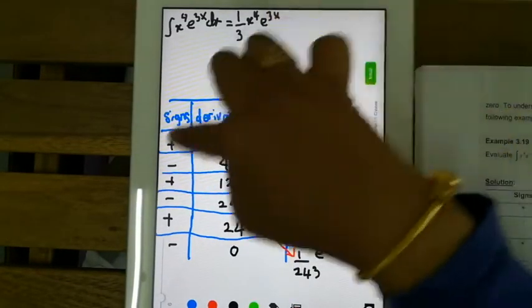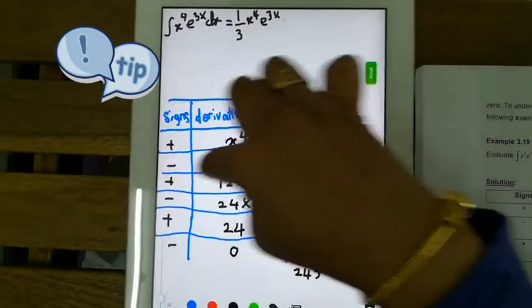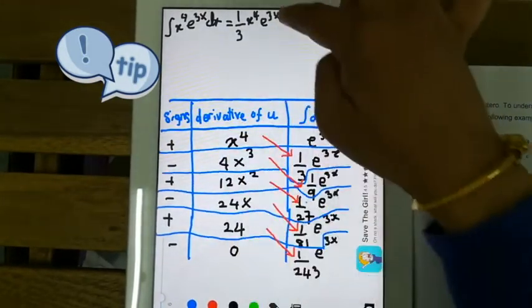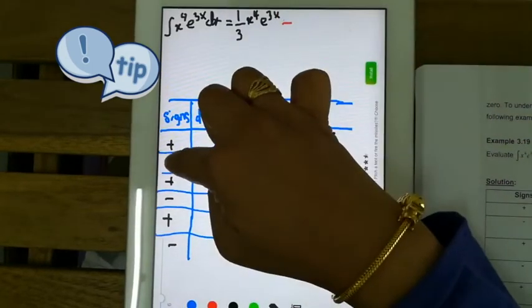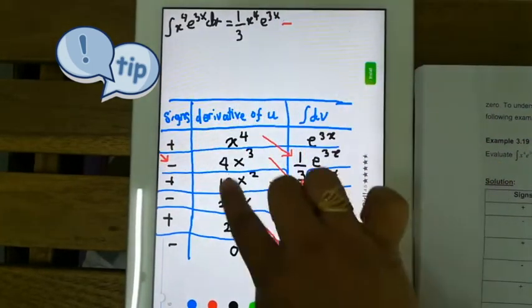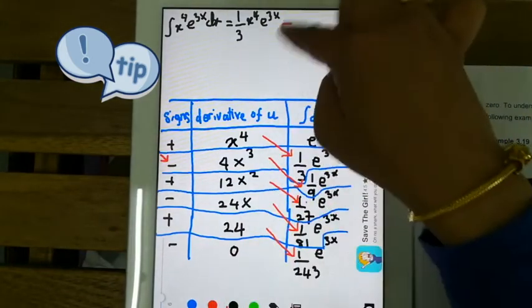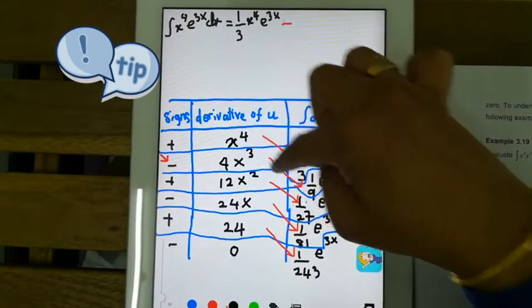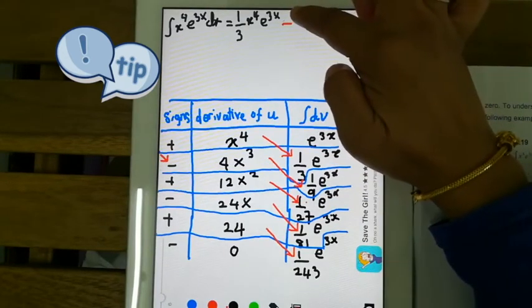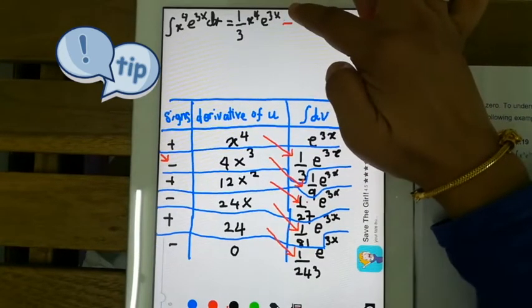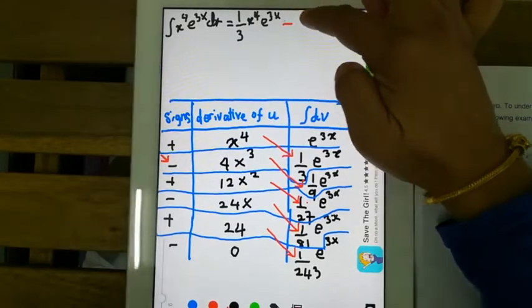We start with the plus sign. For the second row, we start with a negative sign, so you need to put the negative sign following this. So the next step is negative 4x cubed times 1 over 9 e power 3x. Let me finish up writing it down for you.